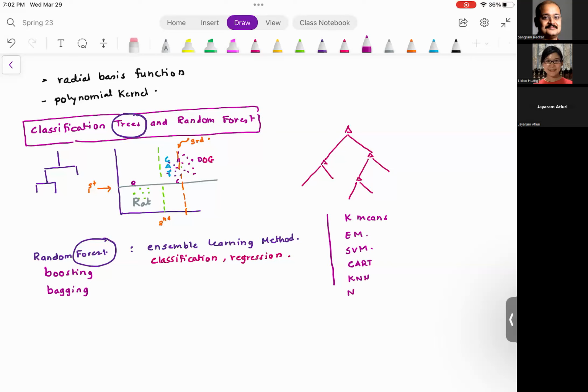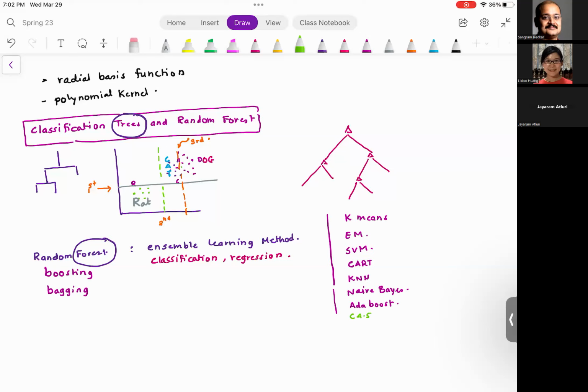Then you have naive Bayes. Then there is AdaBoost, which is something like ensemble learning. Then you have C4.5.